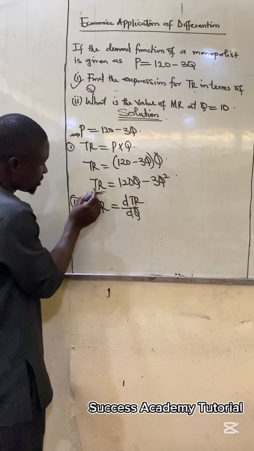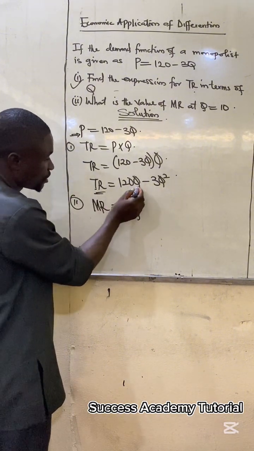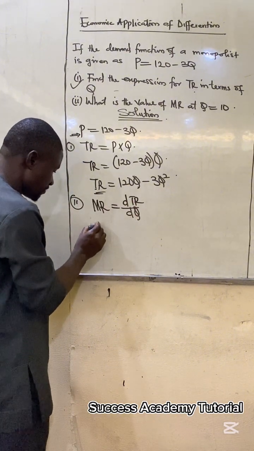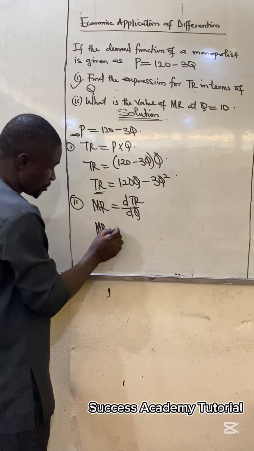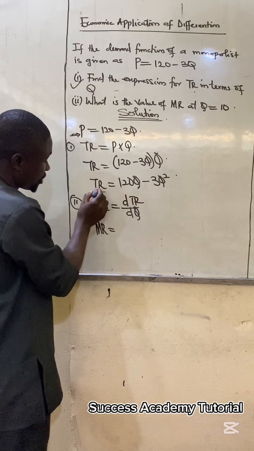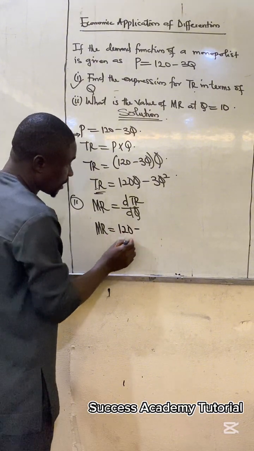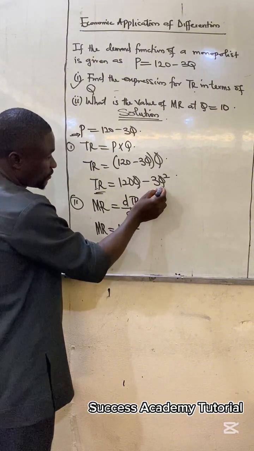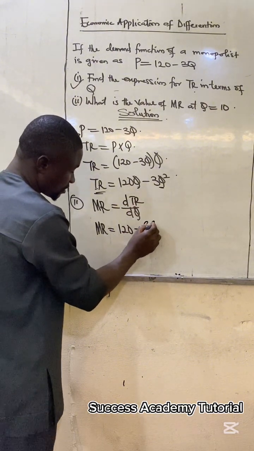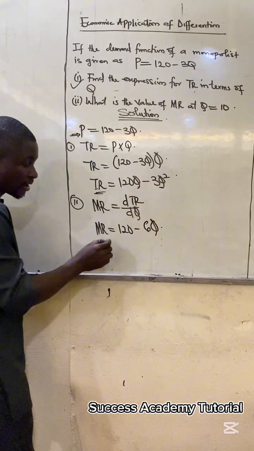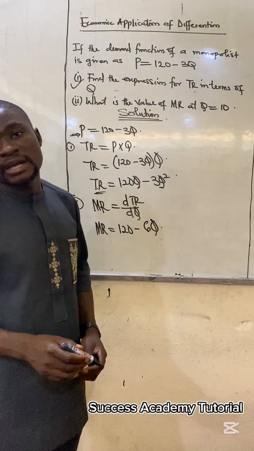So marginal revenue is equal to change in TR over change in Q, that's 120 minus, the differentiation of this is 6Q. This is your marginal revenue of this function.